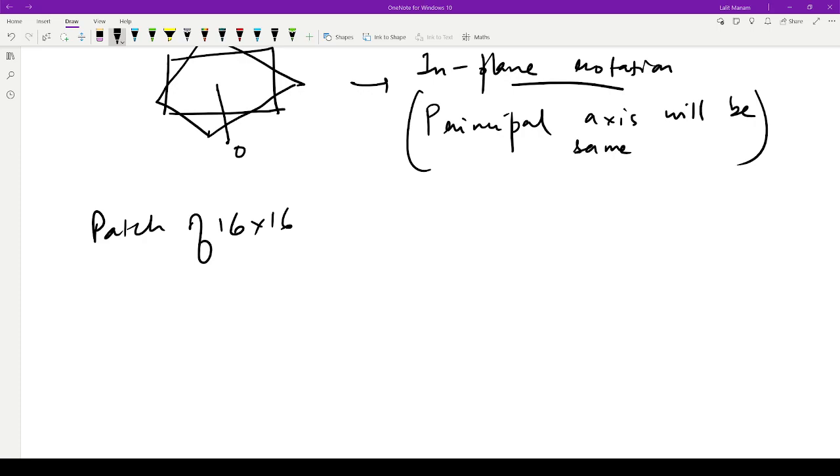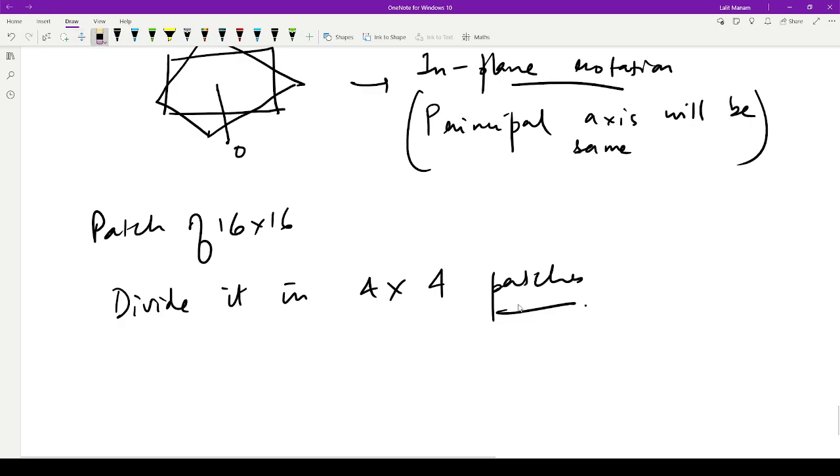Once we have a patch of 16 cross 16, what do we do next? We divide it into 4 cross 4 cells, as given in the lectures.